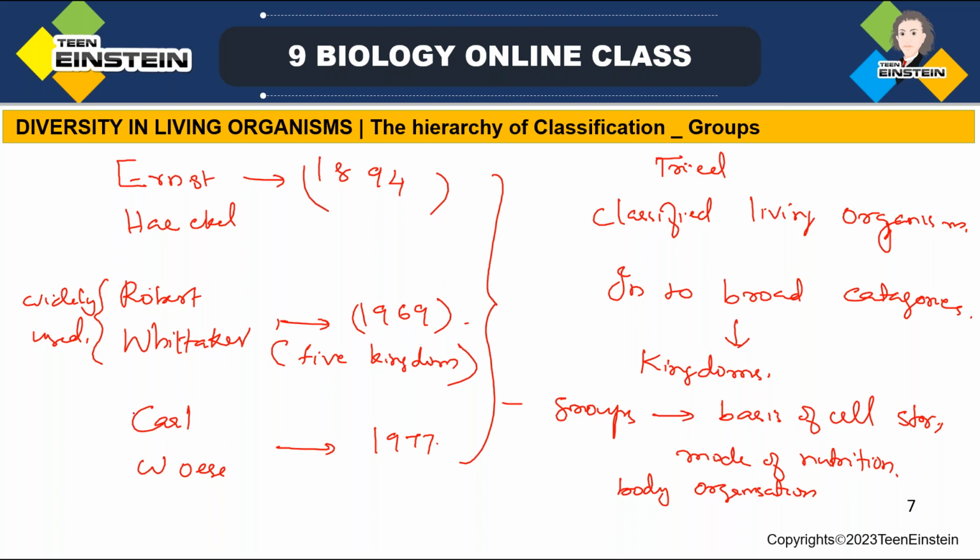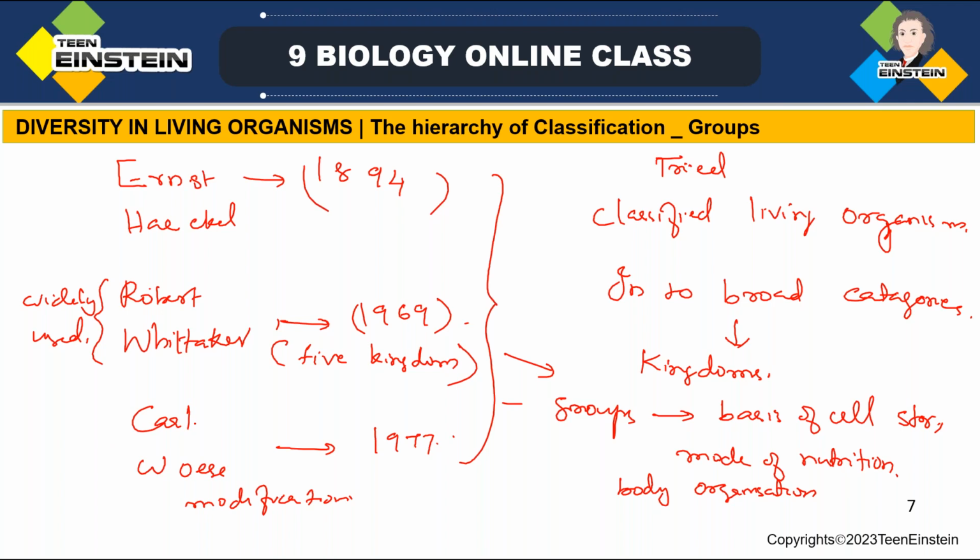Then the last one. This five kingdom classification is widely used, and the last one, the recent one, 1977: one modification was introduced by Carl Woese. Robert Whittaker made the five kingdom classification: Protista, Fungi, Plantae, Animalia, then Monera.